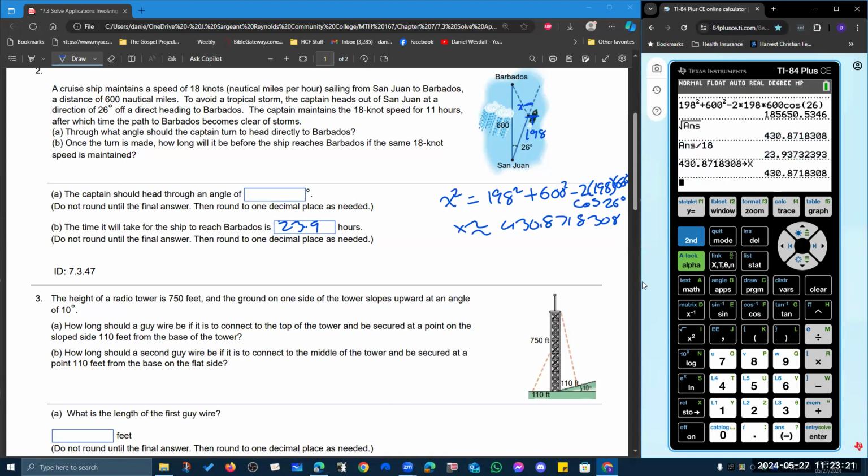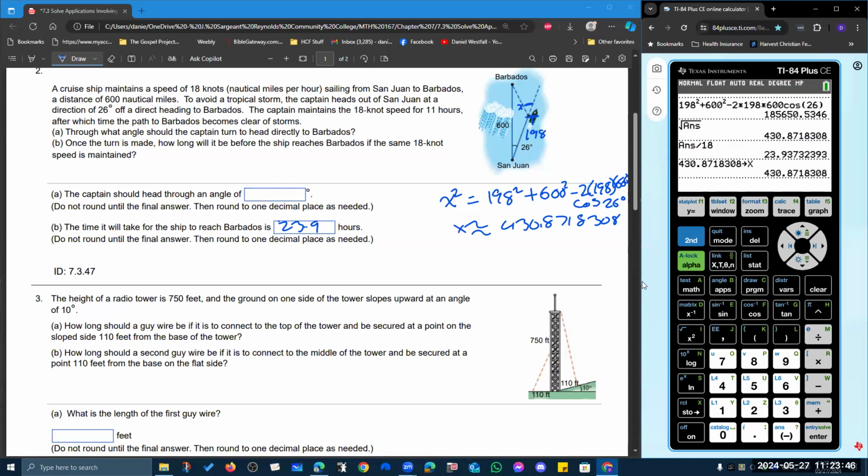And so let's find this angle here. It's not going to give me this obtuse angle here, it's going to give me this one that's up here that's acute.